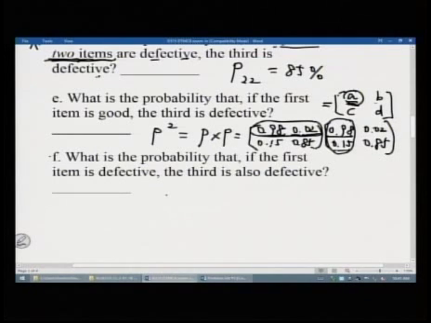How about B? That's going to be first row times second column. Likewise, C can be obtained by multiplying the second row and the first column. Likewise, D can be obtained by multiplying the second row times second column, right?